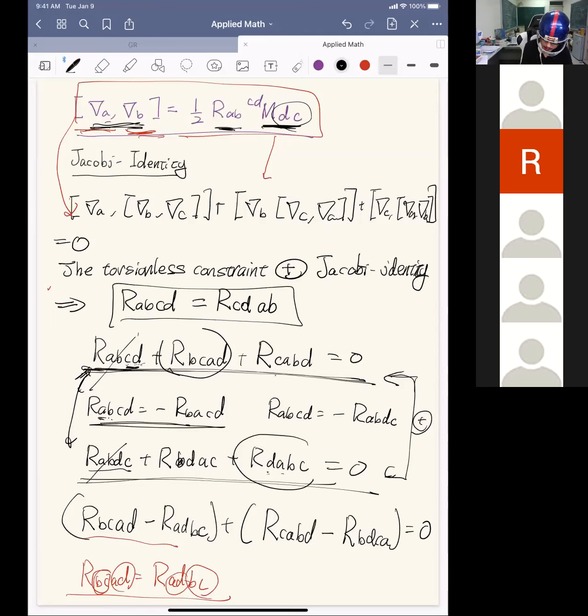Okay, so this is a consequence of the Jacobi identity as well as the torsionless constraint. Okay, so as those of you who follow the course know, now I've fully reproduced all the symmetry structure of the Riemann tensor. Once again, the Riemann tensor should be antisymmetric with the first two indices as well as the last two indices.